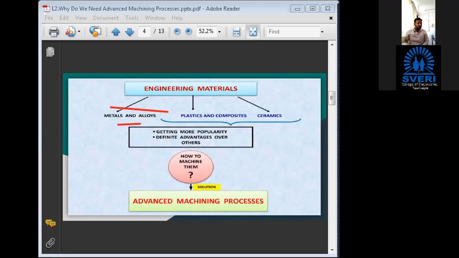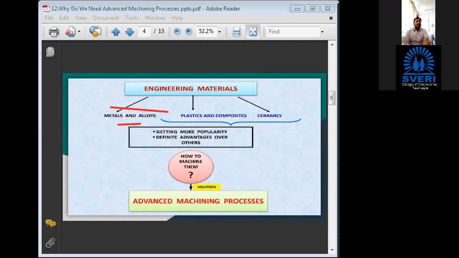Researchers started thinking about the solution. They had to develop a process where the work's hardness should not be any limitation for cutting or machining.